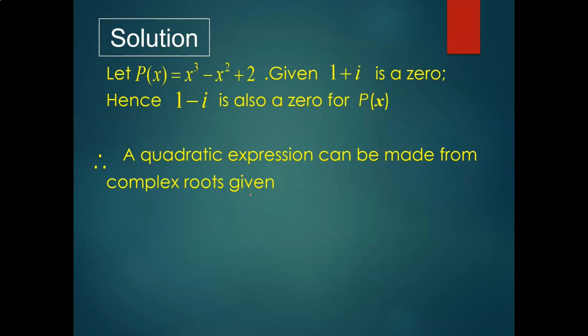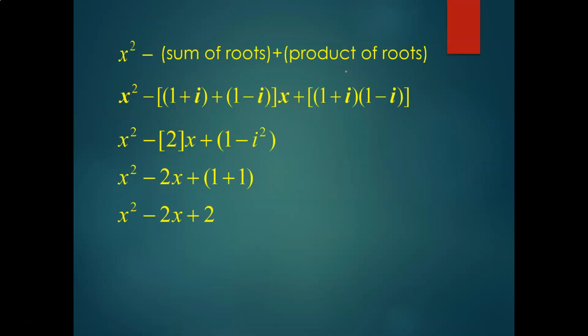So macam mana kita mau bentuk quadratic expression? Kita dah ada this one, kita dah ada this one, two zeros. Okay. So from these two zero, you're going to find sum of root, SOR and POR, the product of roots. Ni macam you refer back to your chapter quadratic equation. How to find the sum of root, how to find the product of root.